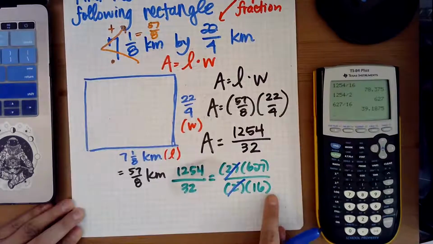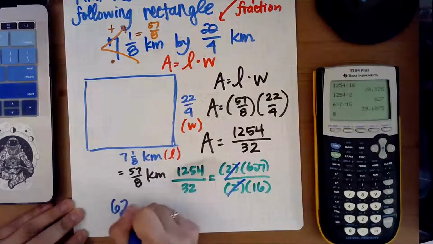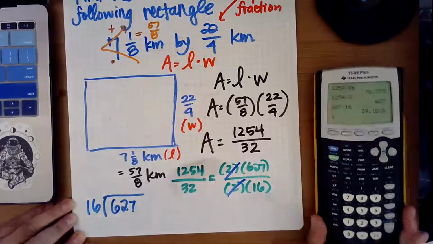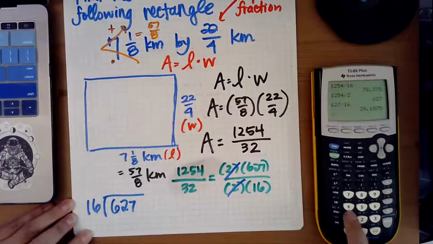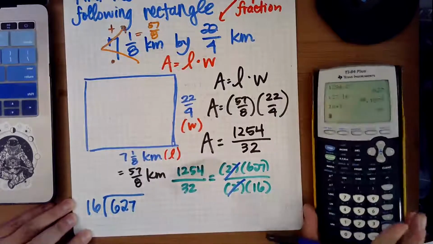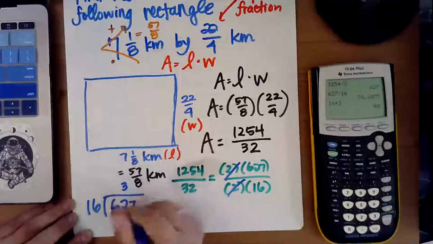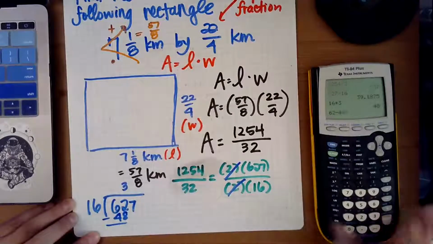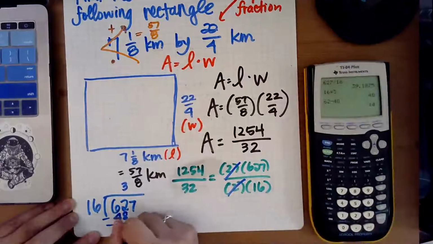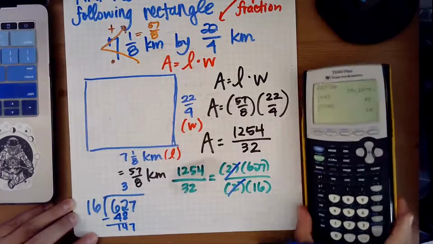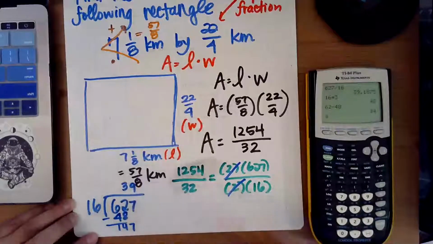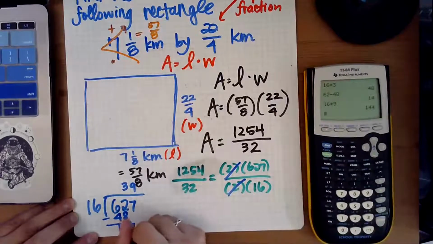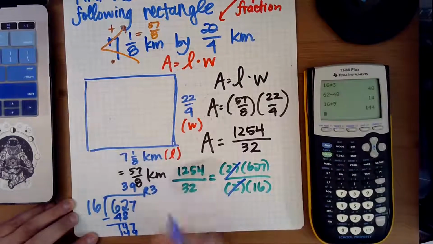I'm going to take this fraction and put it into a division. 16 times 3 gives me 48. 62 take away 48 gives me 14. So I have 147. And we said it was going to be a 9. So 16 times 9 gives me 144. That means I have a remainder of 3.